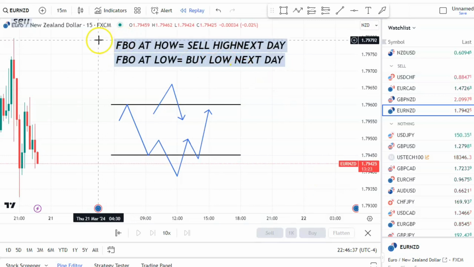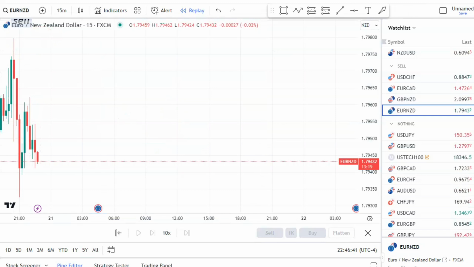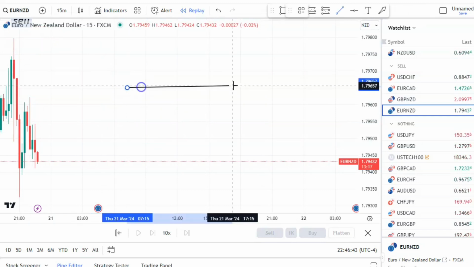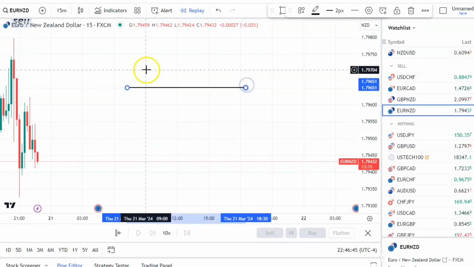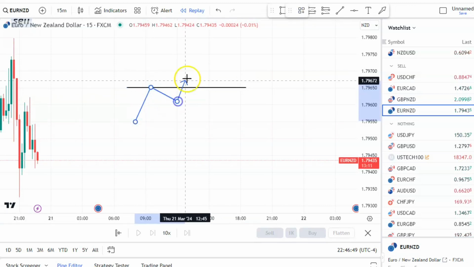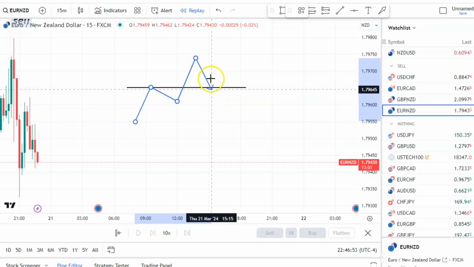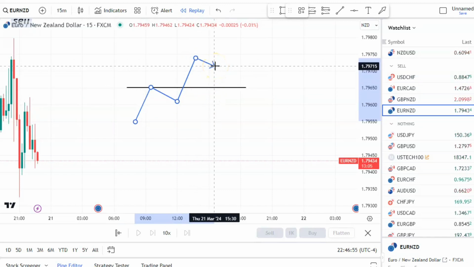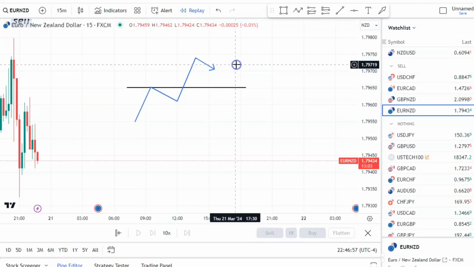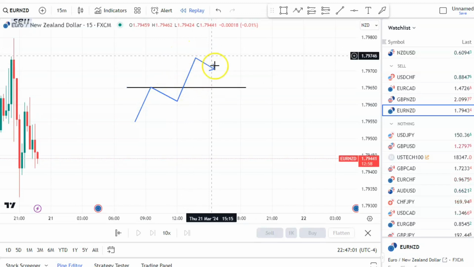Now, price might also on Tuesday, so assuming this is the high on Monday, price might break out, but when it's time to close, it closes outside of that high. So what this means is that now this is a breakout, not a failed breakout.